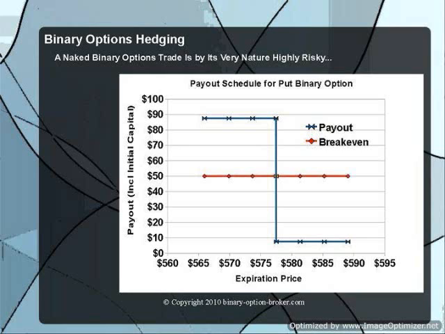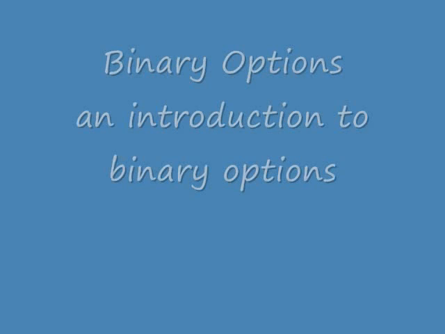Just so that you can see, the second payout is based on a $50 call option as opposed to a $200 call option. But you can see how the charts are different, and you can find out more information at the video links I'll post throughout this video. So take a look, and I hope you found this helpful.